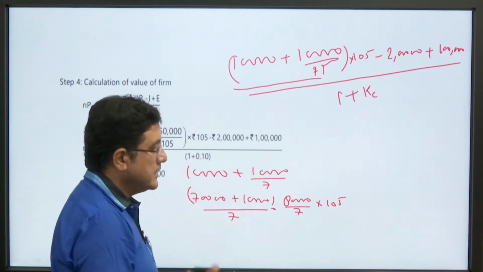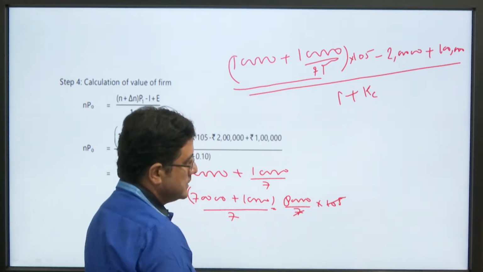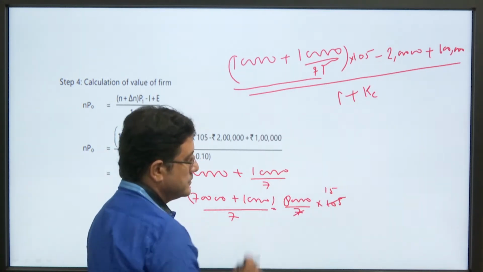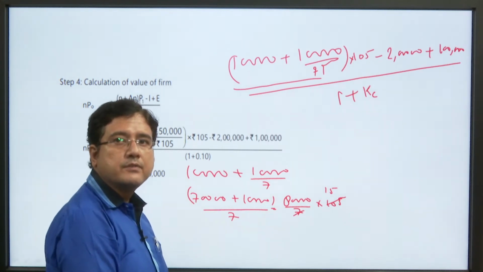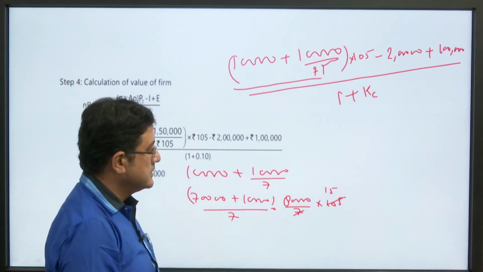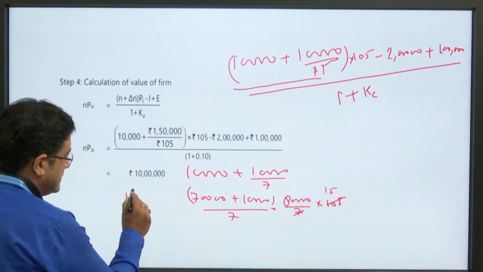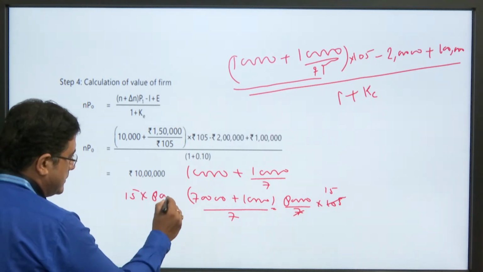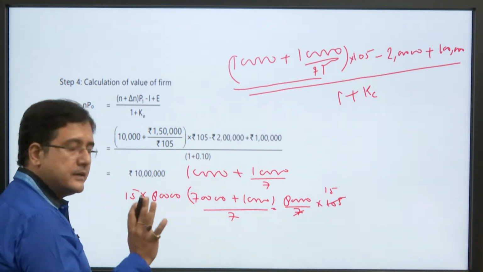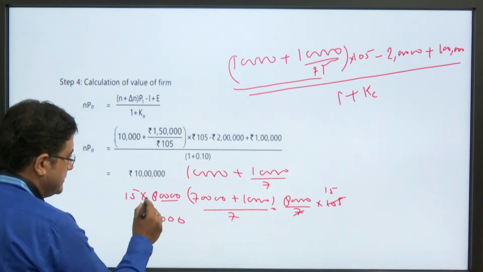Multiply by 105. So 7 divided by 105 is 15. Multiply this: 15 multiplied by 8,000, and the four zeros will come.